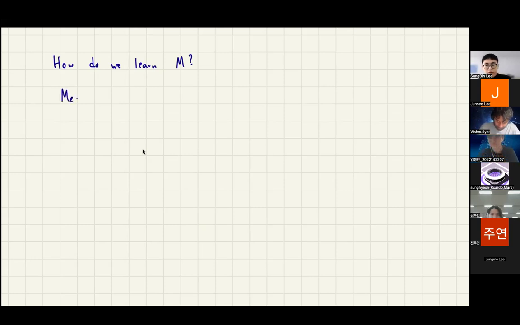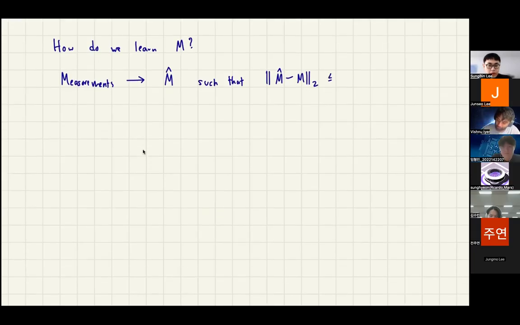So the measurements. After the measurements, you get some M hat such that the operator distance, the spectral distance between M hat and M, is less than or equal to epsilon.